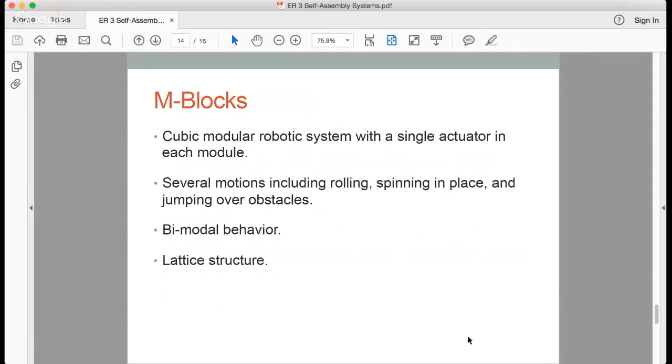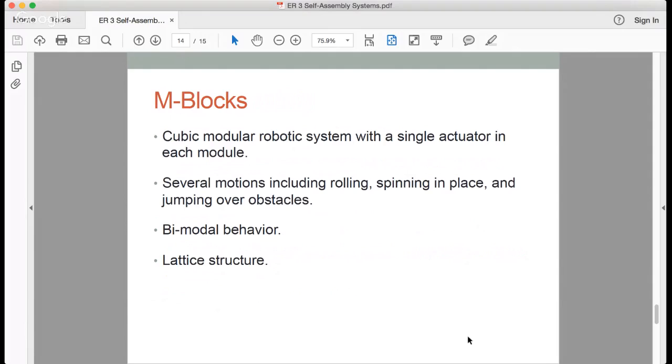In order to drive an MBLOX towards a specific goal, a bimodal behavior was implemented. When the module's actuator is aligned with the goal location, the actuator is used to apply a moderate amount of torque that causes controlled rotation towards the goal.